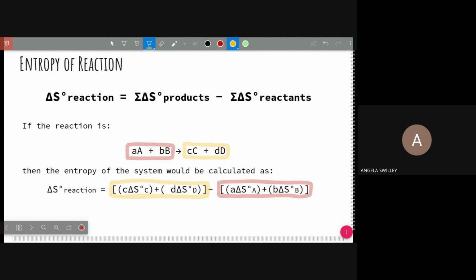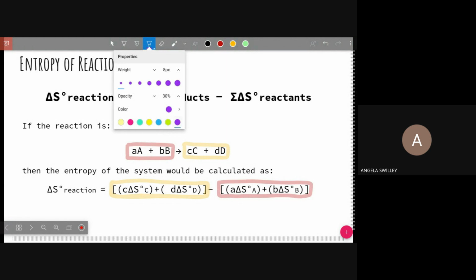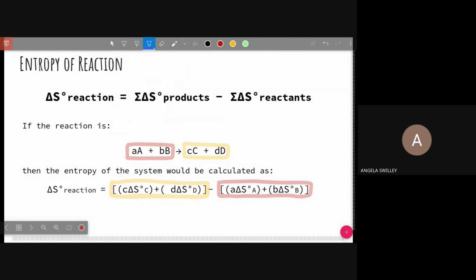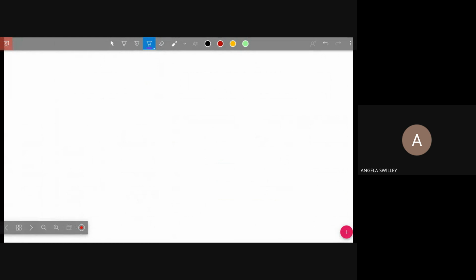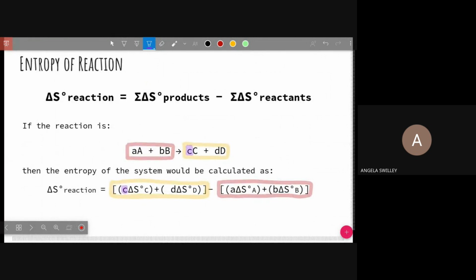This is very similar to some equations we've used previously. Our number of moles of C is going to be multiplied right here. We get our delta S from the entropies that they give us, either from a chart like this or from the word problem.